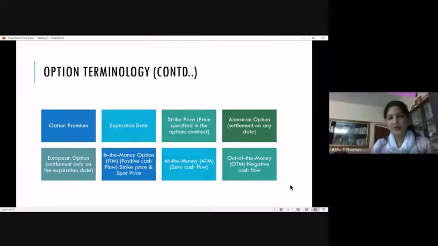But index, the other types of securities, the exit from the market can happen only on maturity, which is called European option. So American option is you can settle on any day during the period of the contract. But in case of European option, you can settle only at the end of the maturity date. So most of it in Indian market, except stock, goes with European option.